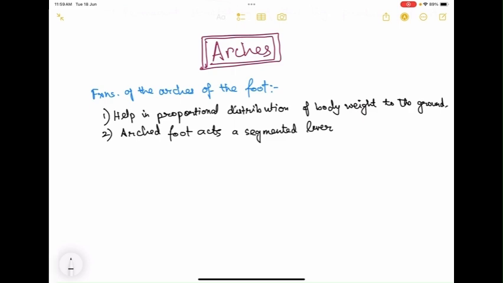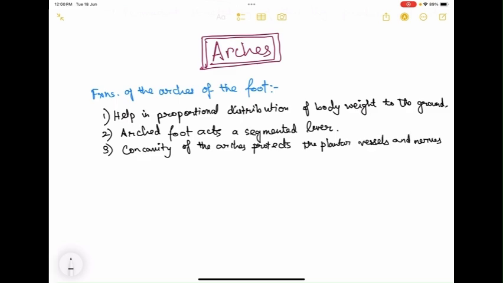And many details are mentioned. You don't need to write in much details, just this much will suffice. Yeah, there are some points of propulsive mechanism you don't need to write. Concavity, or plantar concavity, okay, of the arches protects the plantar vessels and nerves from compression.